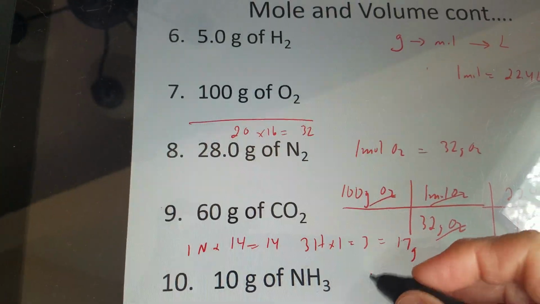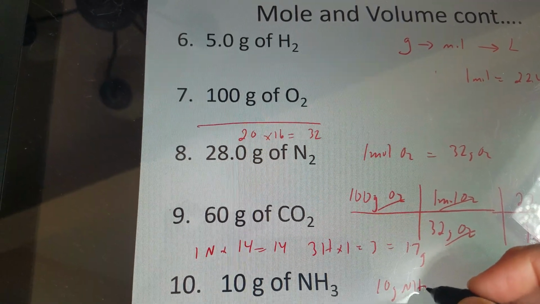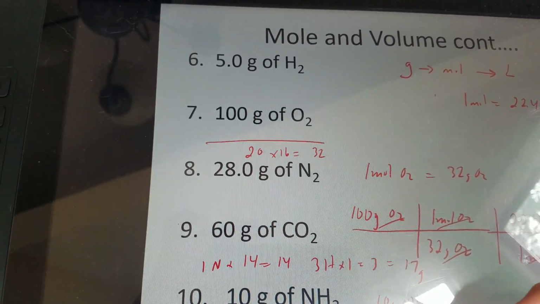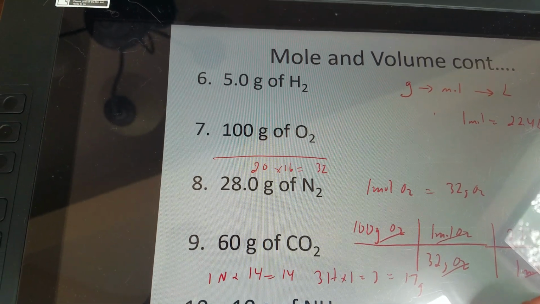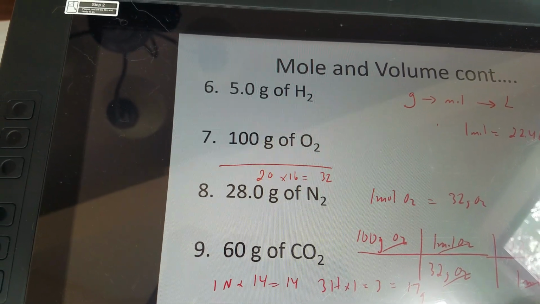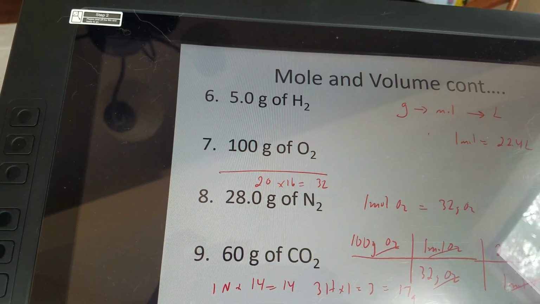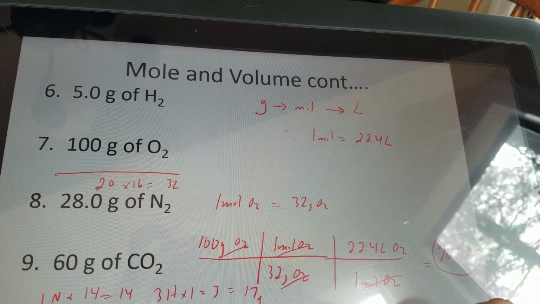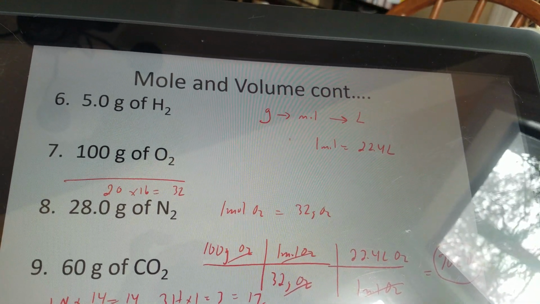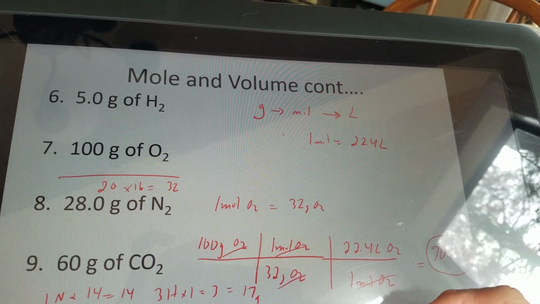So I'm going to take my 10 grams, put my 17 grams down here to my 1 mole. That gets rid of the gram unit. And then if I want to go on to liters, I know that in 1 mole, I'll put that on the bottom so the moles will cancel, is equivalent to 22.4 liters.